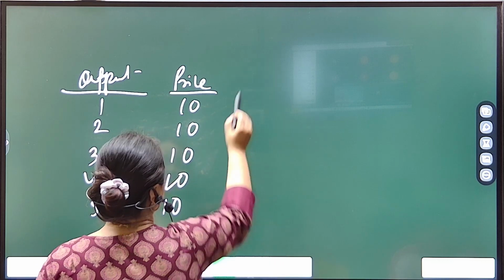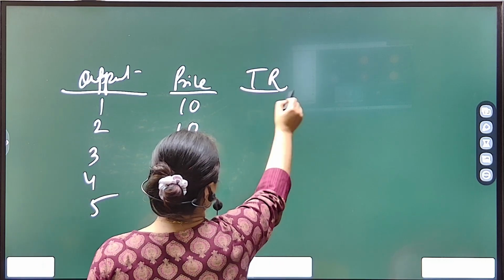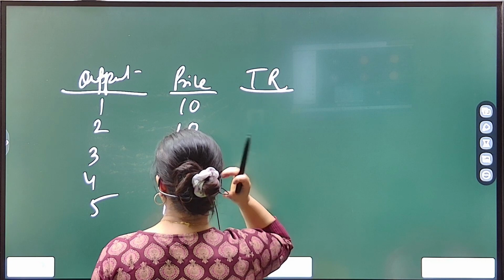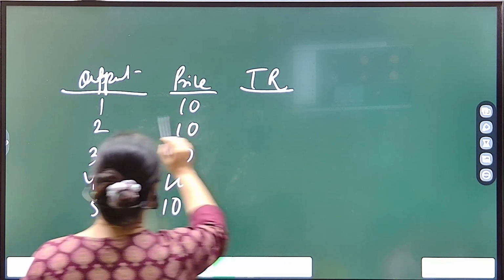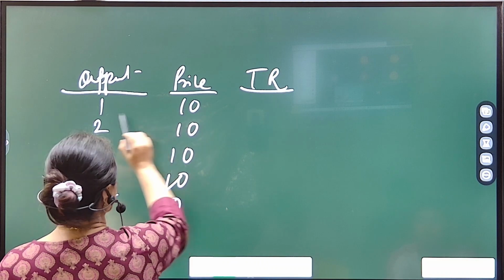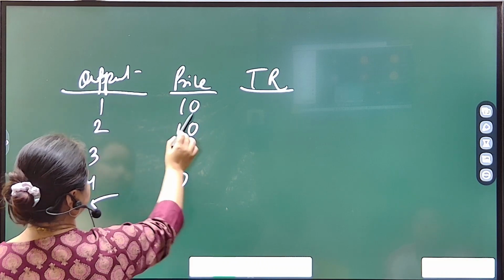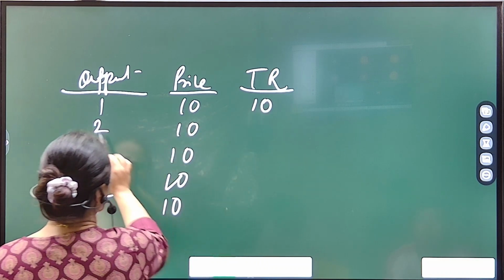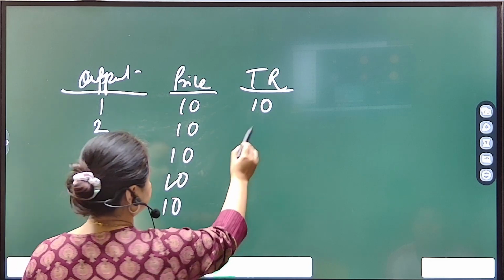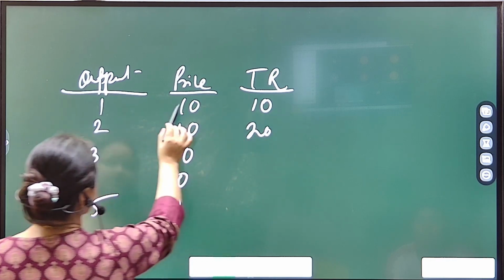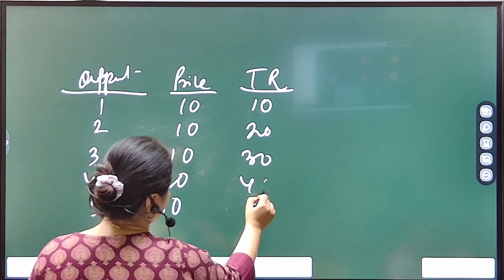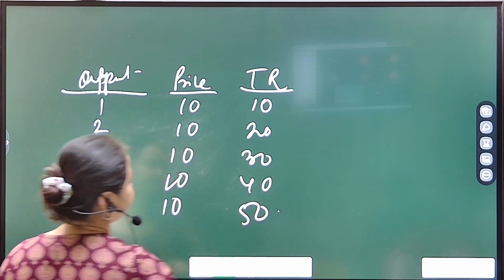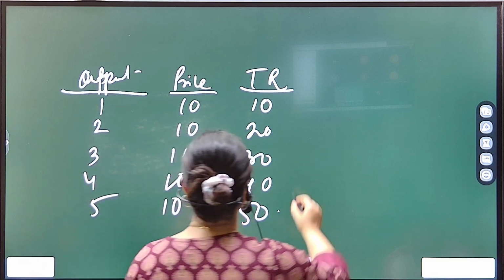And TR is to be calculated. How will you calculate TR here? 1 into 10, 10. 2 into 10, 20. Because P into output, 3 into 10, 30, 40, and 50. Right?